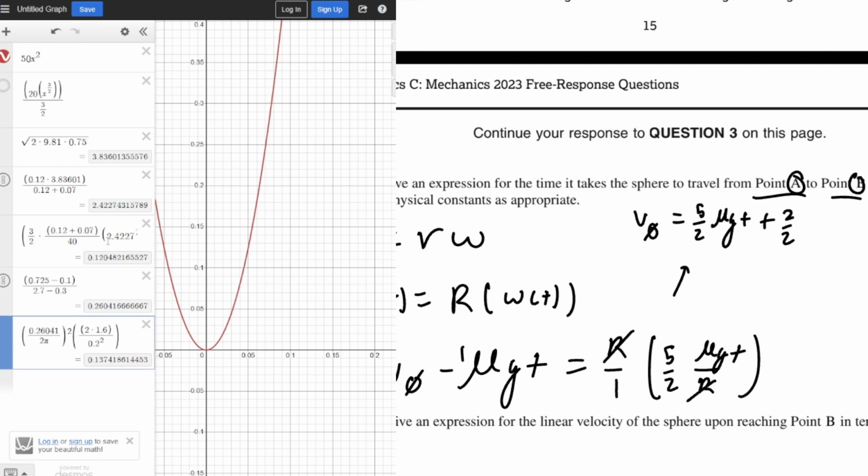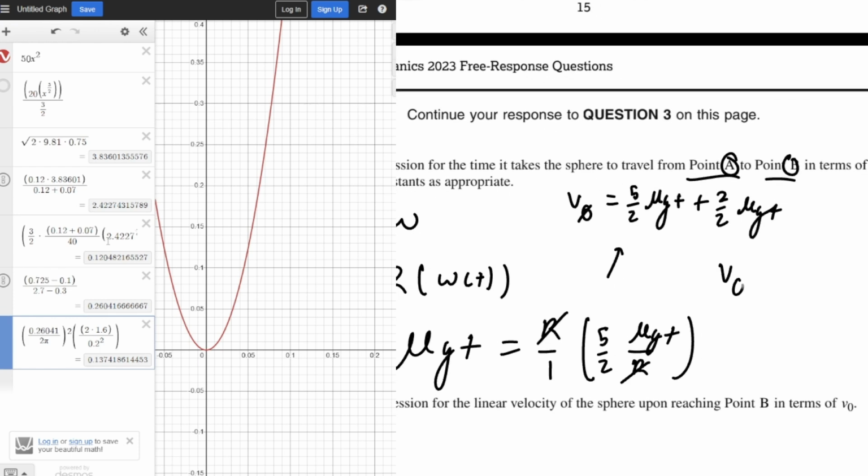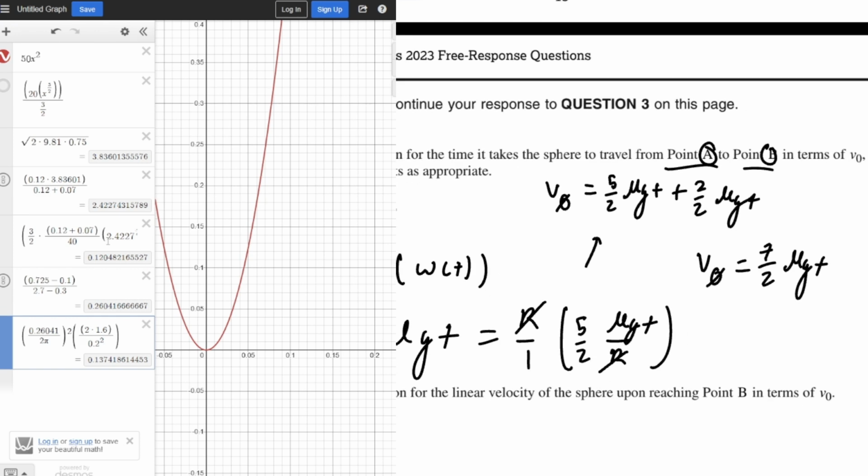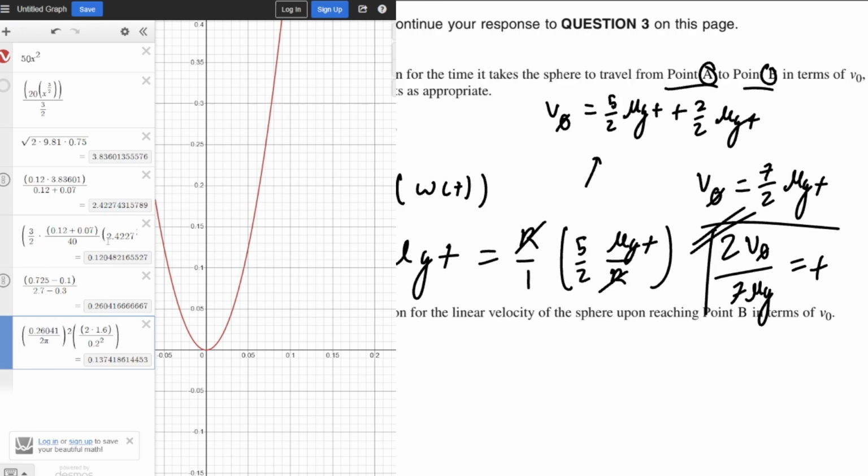Where's the 2 over 2? This is 1 over 1; I said 2 over 2 because 2 divided by 2 is 1. That gives us V naught equals 7 over 2 mu g t, but they ask for time, so we're going to simplify. We get 2 V naught divided by 7 mu g equals t. That's our time. We can leave it like that.